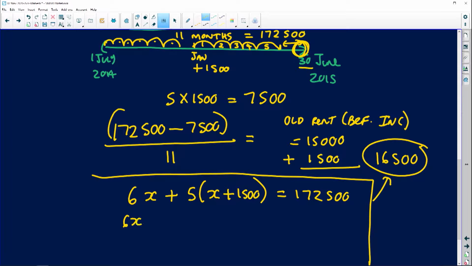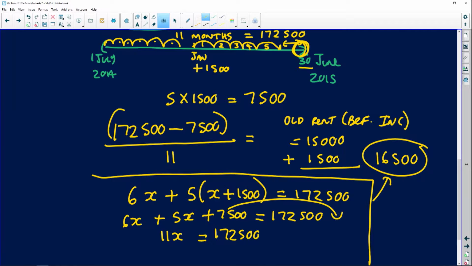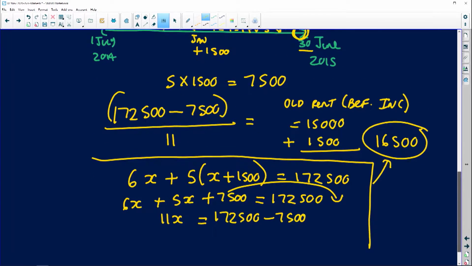Right, so 6X plus 5 times X is obviously 5X plus 5 times 1,500 is 7,500 is equal to 172,500, and now it's easy. 6x plus 5x is 11x is equal to 172,500. Obviously, if I take this to the other side, minus 7,500.